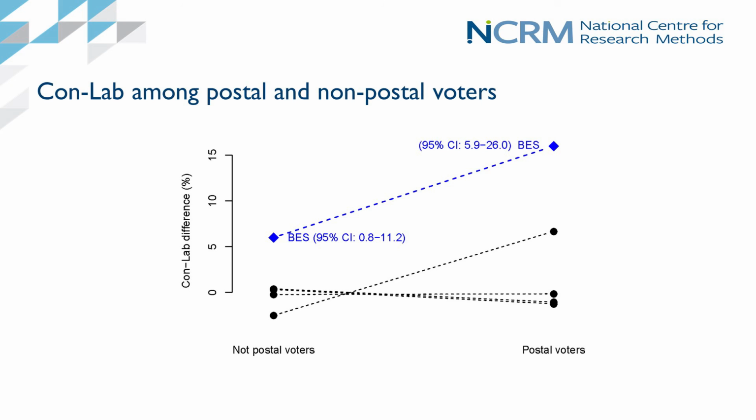On the left, you've got those who were non-postal voters. It's whatever that is, about 6 points, less than 6 perhaps. Among postal voters, the point estimate is 15 and something, again with a wide confidence interval. So postal voters, perhaps partly because of their age distribution, are very heavily Conservative leaning.